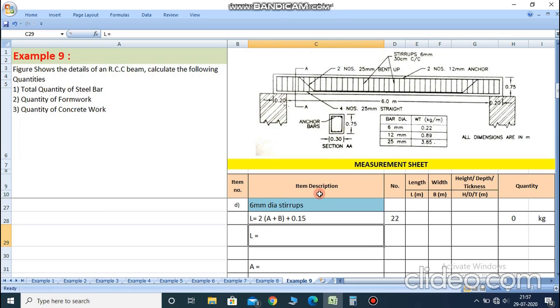For finding out the A value, first A is equal to 0.3 minus 2 times cover, 0.025, so it's 2.5 centimeter cover, minus 2 times the diameter of the stirrups, 0.006.